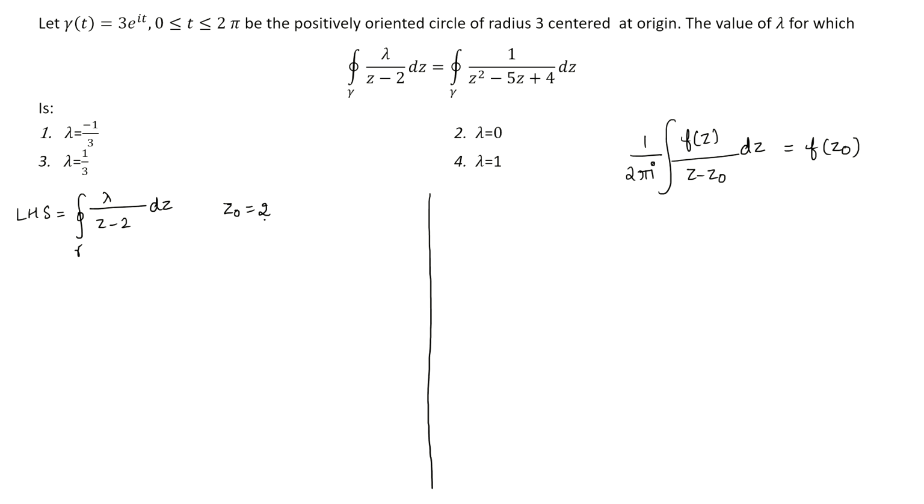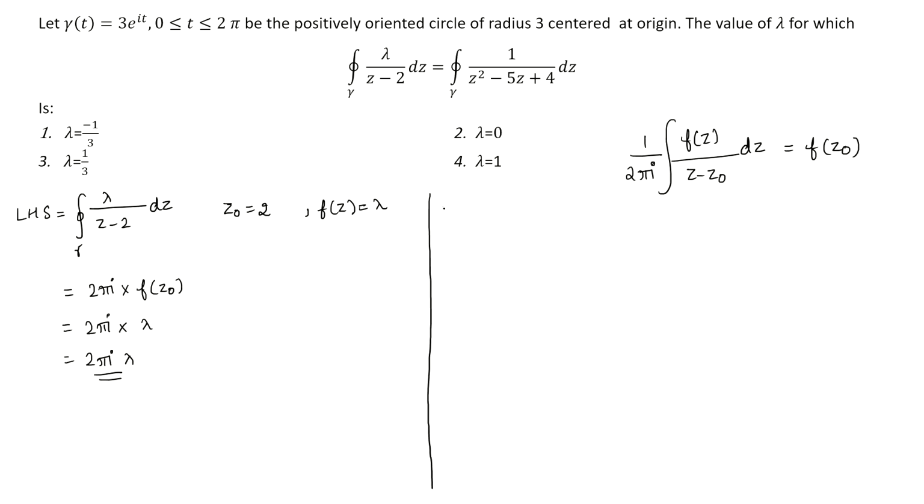So we can take z0 equal to 2 and f of z equal to lambda. So the value of LHS will be equal to 2 pi i into f of z0, that is 2 pi i into lambda. So this is the value of LHS, 2 pi i lambda.